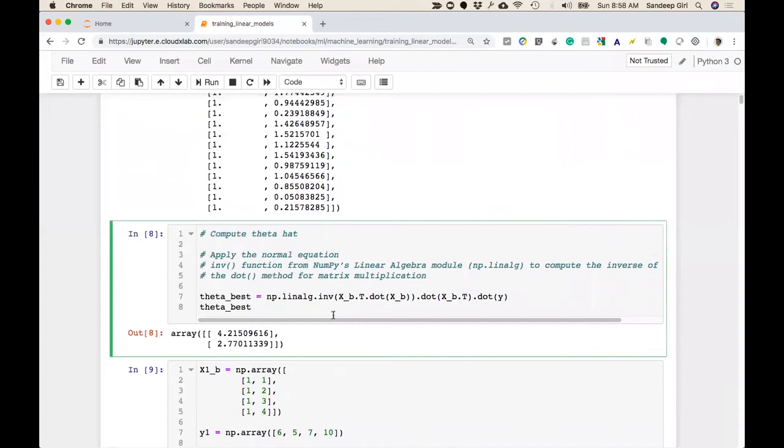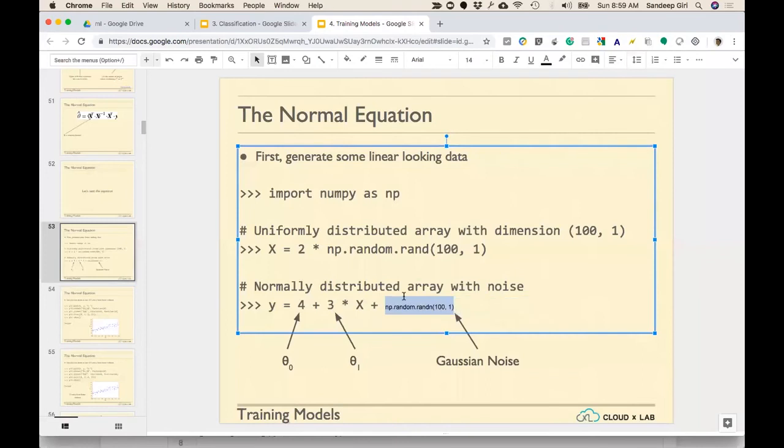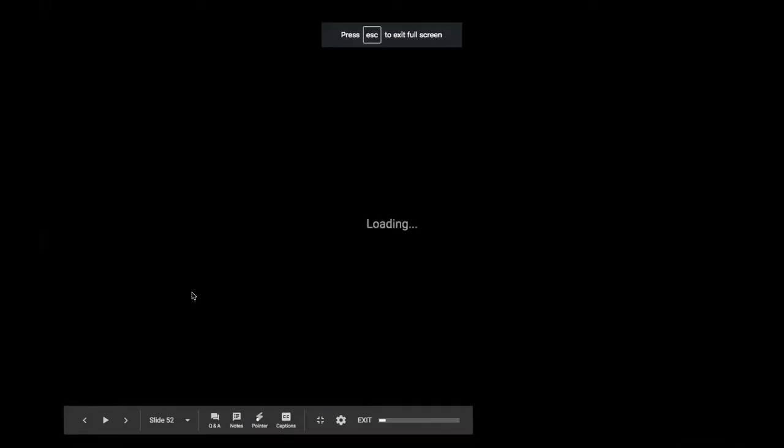Now this is our normal equation. There is a function called INV, which computes the inverse. Dot T computes the transpose in NumPy. So first of all, we did XB dot T, then we multiplied with XB, so the transpose of XB multiplied with XB. Let me just show you the normal equation.